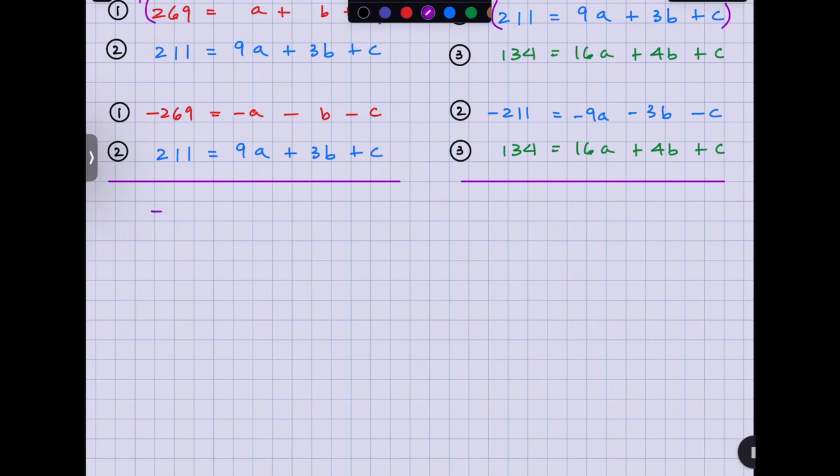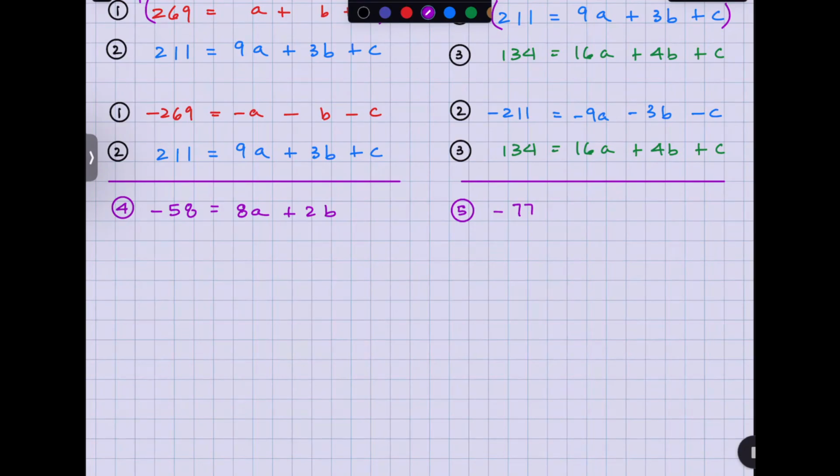What is this, negative 58? Is that right? Someone check my math. What is this, 77? Someone check my math there as well. Is that negative 77?